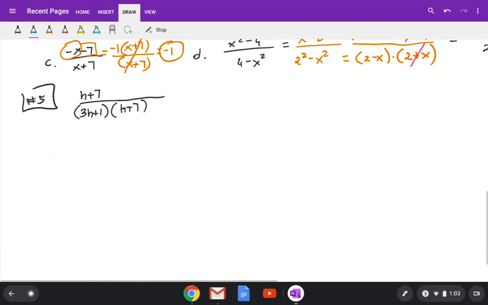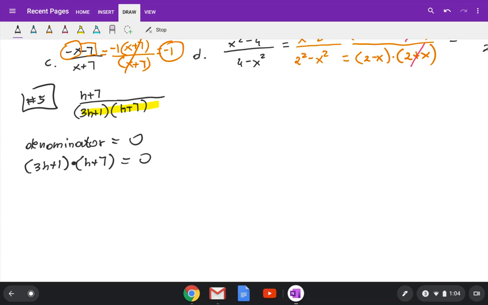So find the restricted value. I told you before that to find the restricted value, you take your denominator and make it equal 0. So we have 3h plus 1 times h plus 7 equals 0.